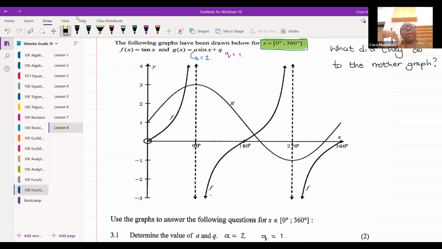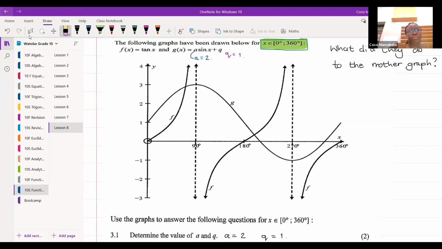So we need to think about the maximum value and the minimum value to write the range. When we talk about range, are we looking at x values or y values? Good, it's y values.